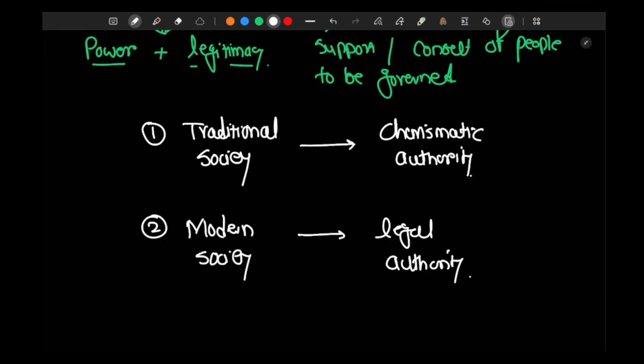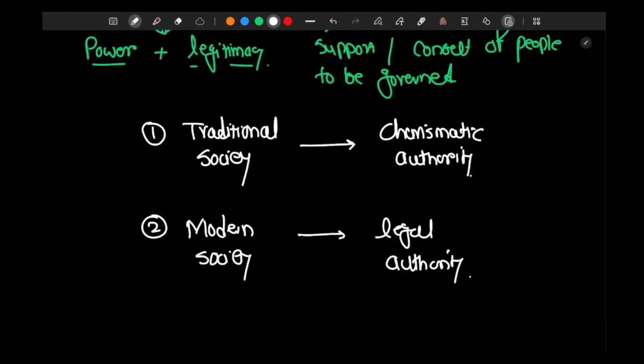I am not saying Bihari people are irrational. I am not saying that. I am just saying that Bihar is a traditional society. In modern society, people are rational. They understand what issues to vote on and what issues not to vote on.